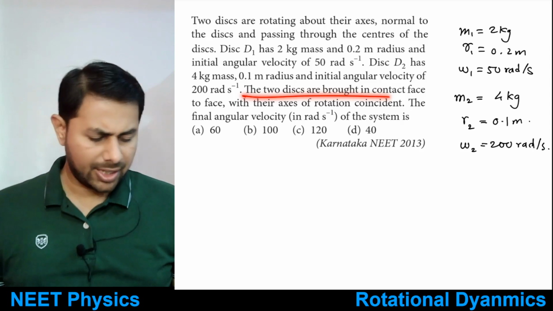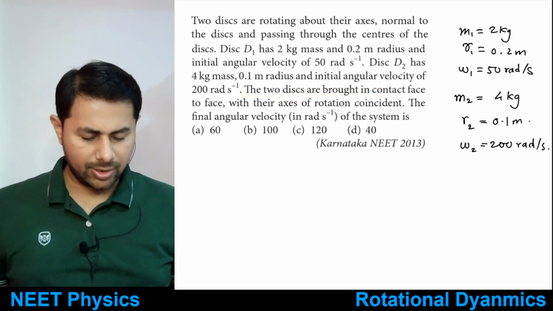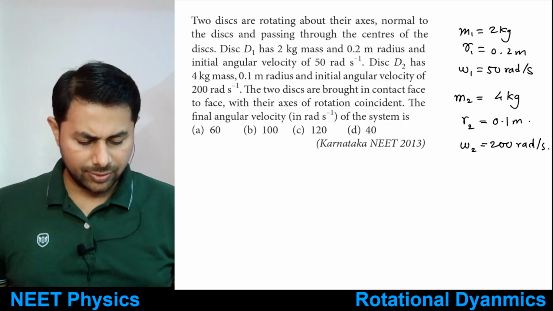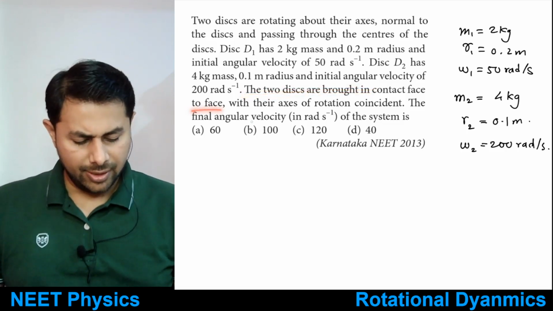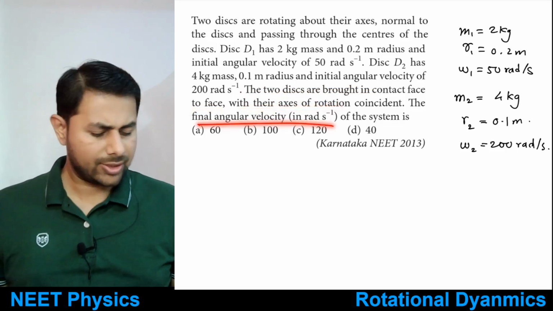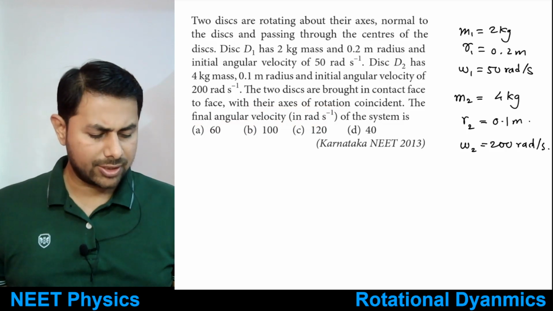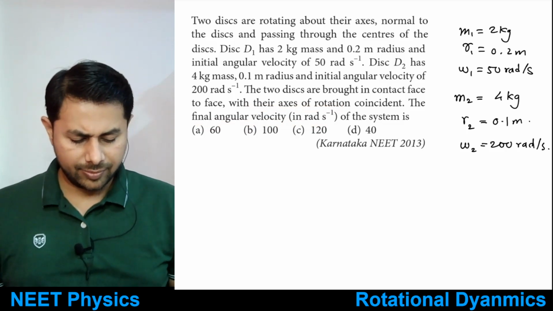The two disks are brought in contact. So this kind of problem is repeated. We saw a similar problem earlier too, right? Two disks are brought in contact face to face with their axis of rotation coincident. The final angular velocity in radians per second of the system is. This is simple, right?